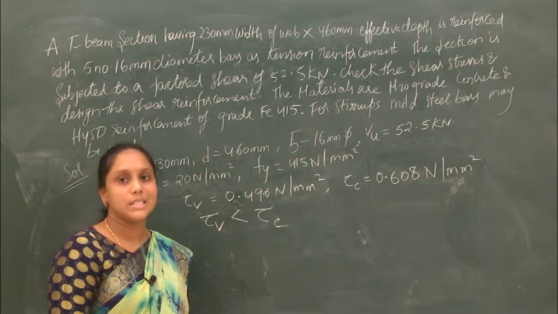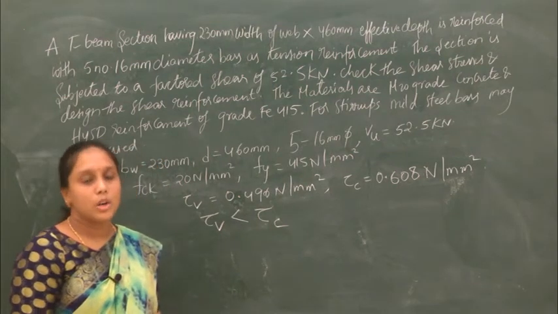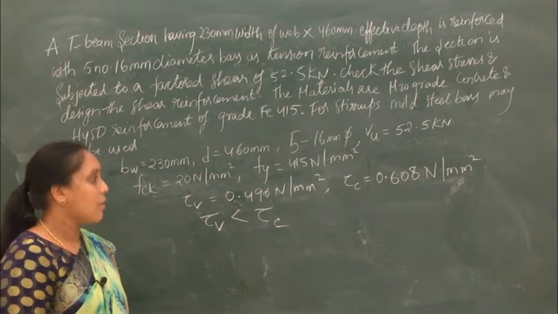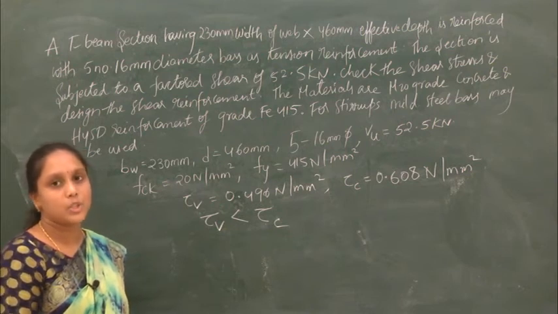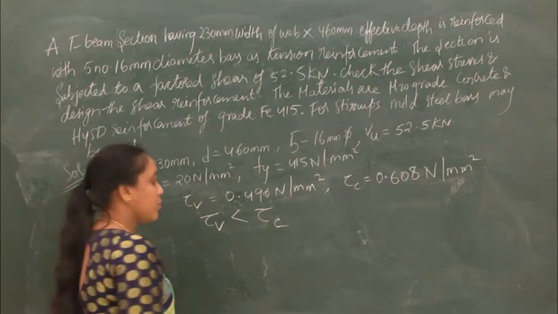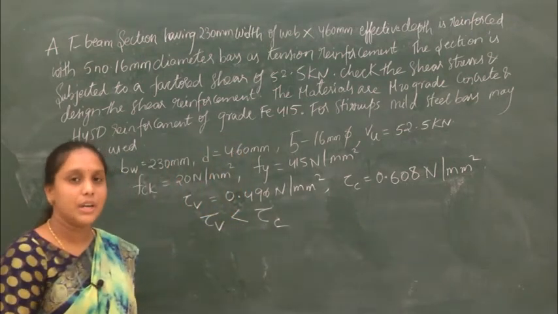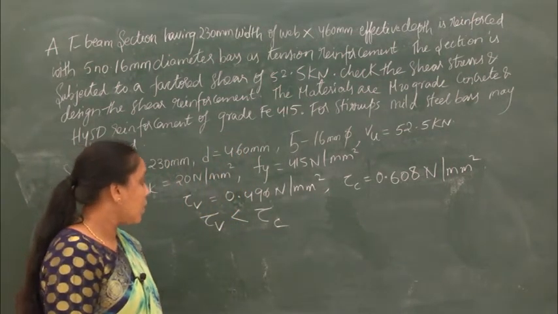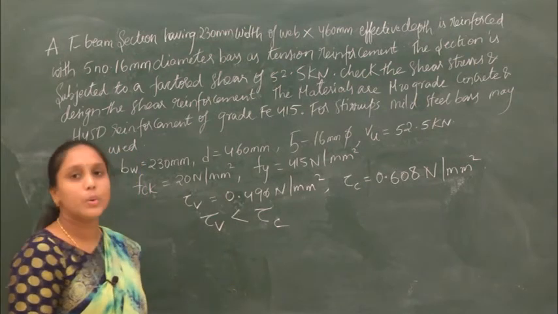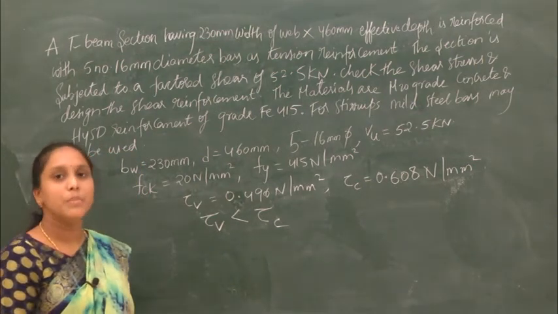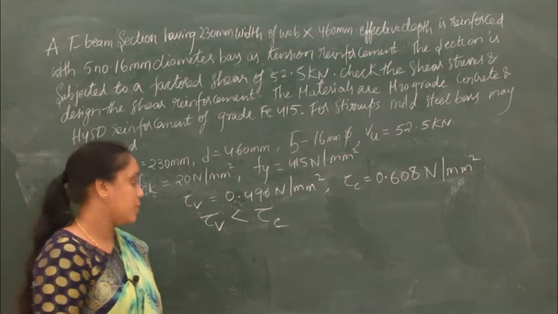So if tau v is less than tau c, what? The nominal or minimum shear reinforcement has to be provided. What do you have to provide? You have to provide the minimum shear reinforcement. So now we will provide the minimum shear reinforcement.